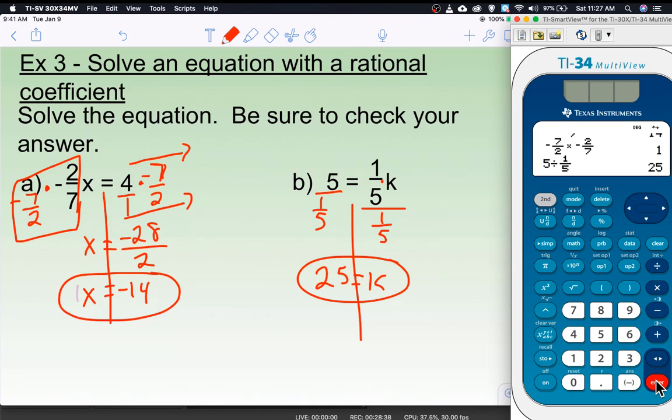Now, it is very easy to use the calculator and just type the numbers and get it, but you should also be able to do this by hand. There are going to be some questions that you may need to do without a calculator, and this could be one because this is a skill that you have. You know how to multiply fractions and simplify fractions by hand.